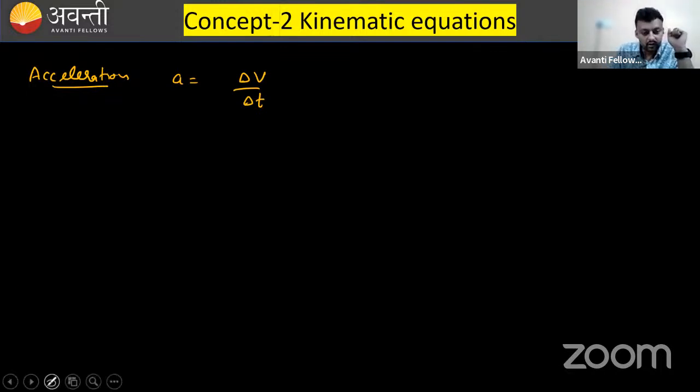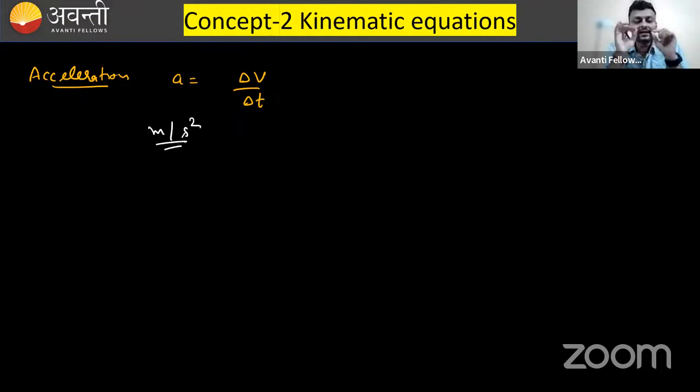Now, listen to me. What is the unit? You will say, sir, the unit is meter per second square. Very good. Now, the thing that I am going to tell you, you should understand that acceleration means how much velocity is changing in a unit time.